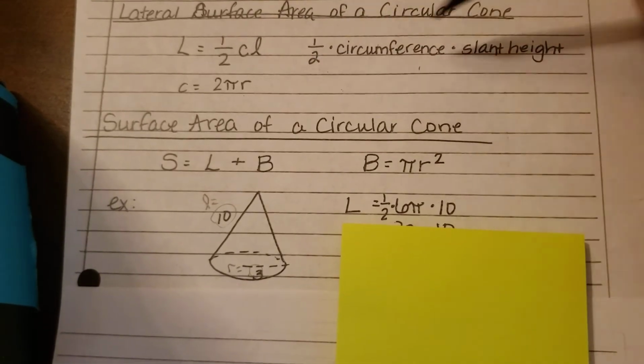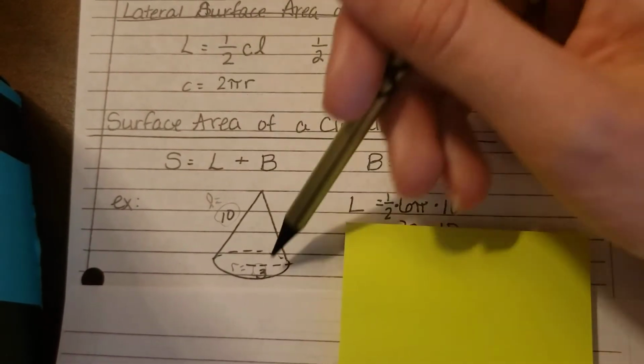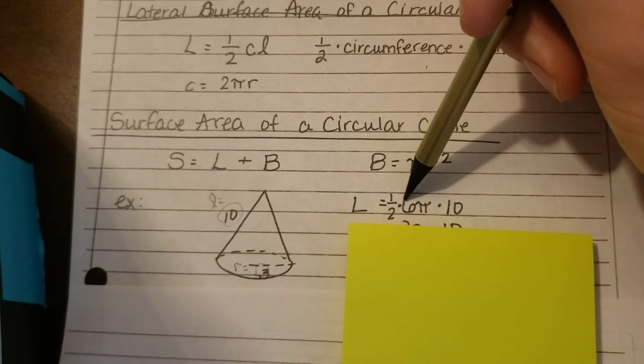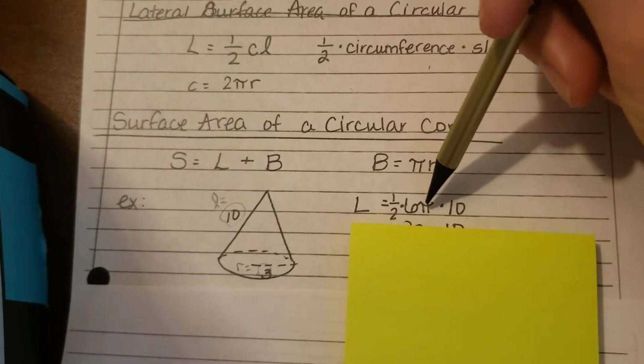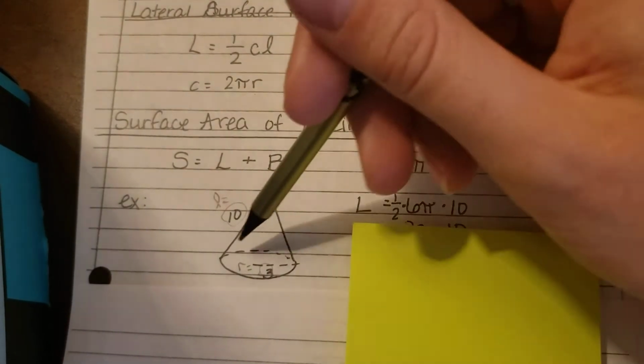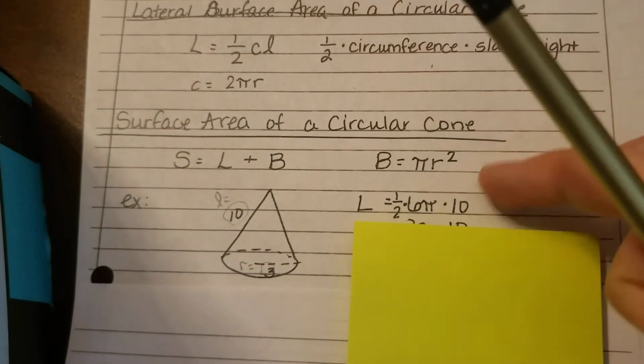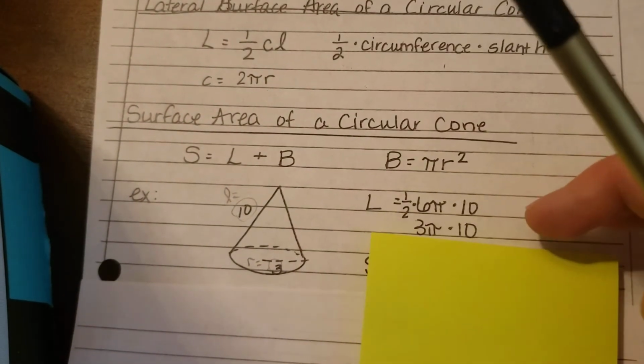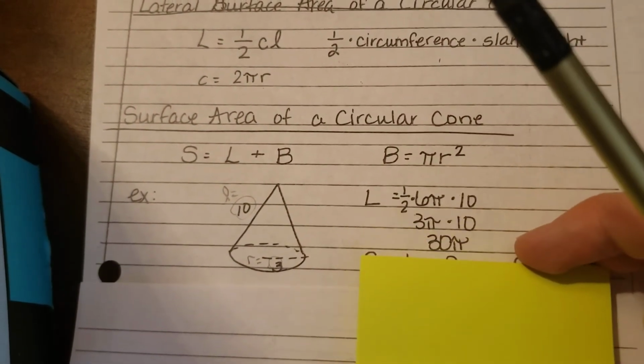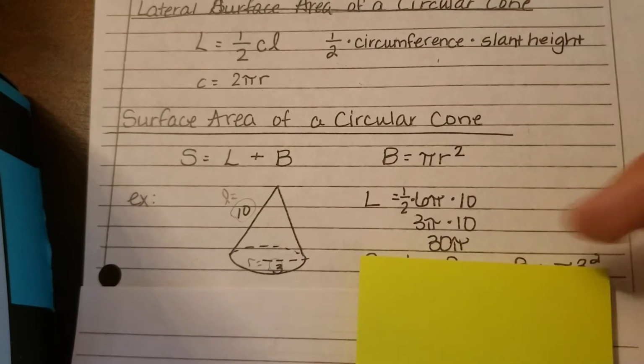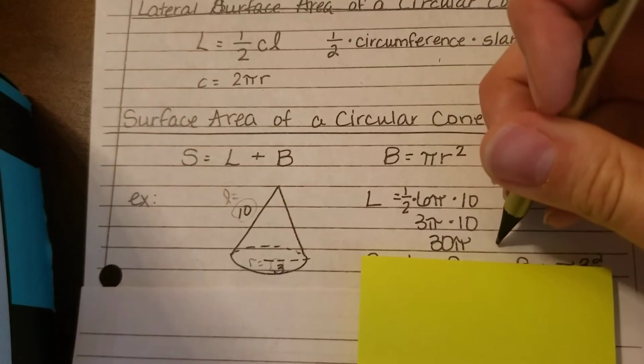It's 2 pi r. So 2 times r is 6, times pi, right? I'm going to keep pi to the end, times 10. 1/2 of 6 is 3. 3 pi times 10 is 30 pi. And I'm just going to keep that as my answer.